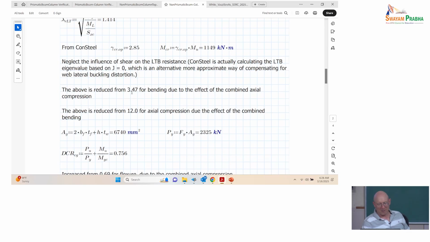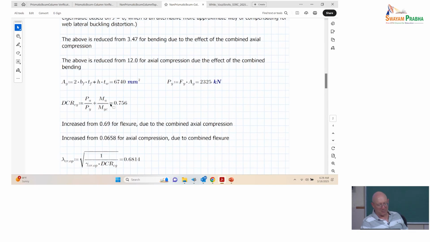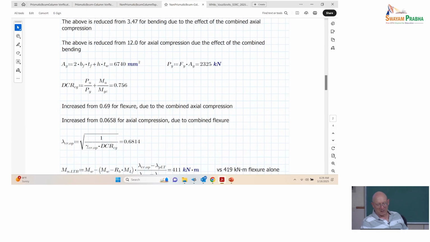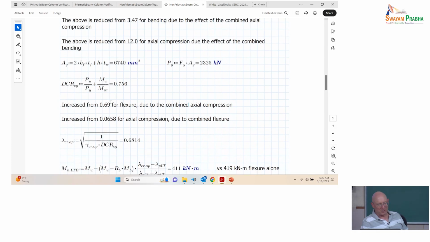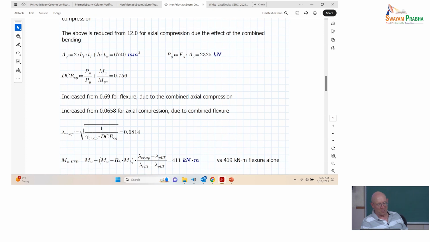So 2.85 was reduced from 3.47 from bending alone, or from 12.0 from axial compression alone. So now, again, we do our gross cross-section demand to capacity ratio. That's 0.756. That's increased from 0.69 for flexure and from 0.0658 for axial compression.